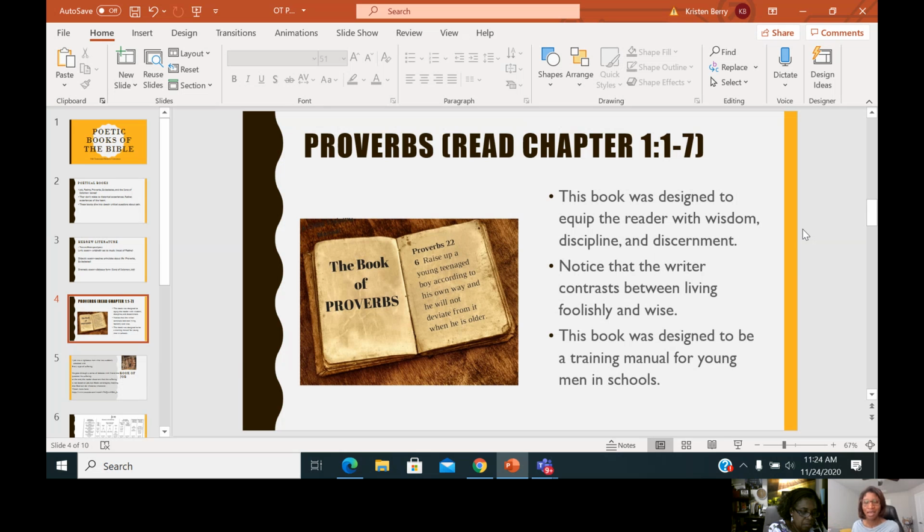Now, everybody goes to school. But I want you to also understand that when you read the words of Proverbs and you see a lot of male pronouns or references to men, that's the reason why. So this book was initially written to be a guide for young men in school.